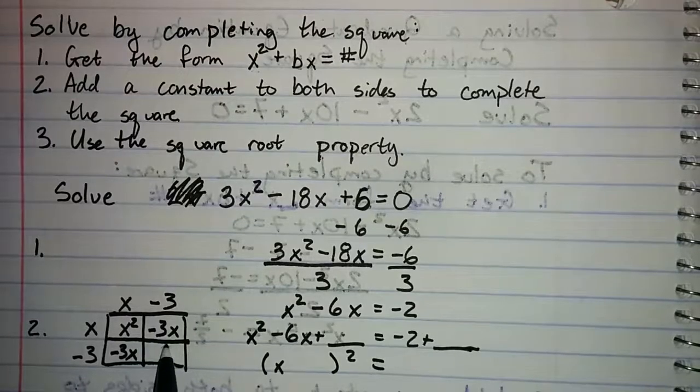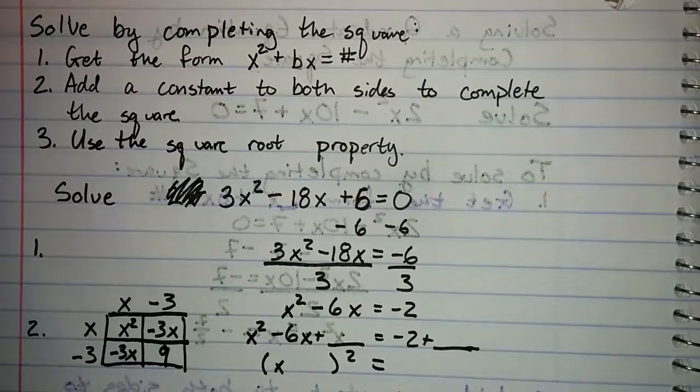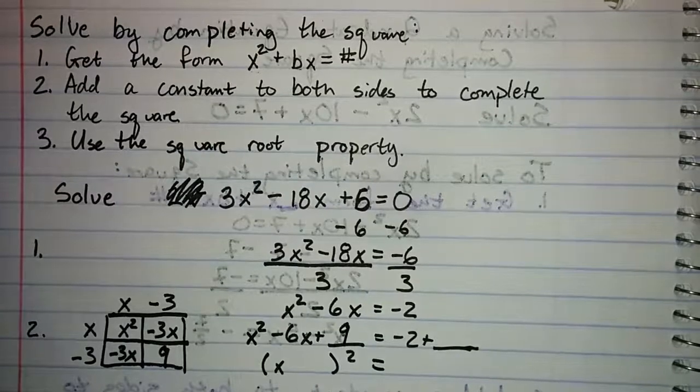Negative 3 times negative 3 is positive 9. So we'll have a positive 9 here, a positive 9 here. What am I squaring? X minus 3. And that equals negative 2 plus 9, which is positive 7.